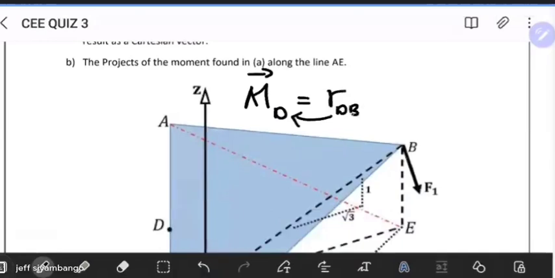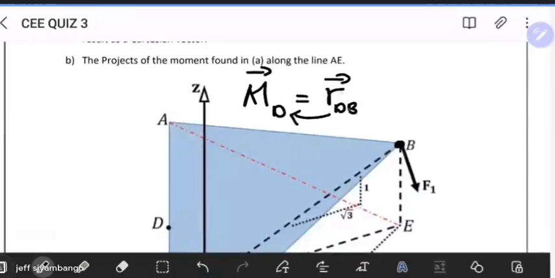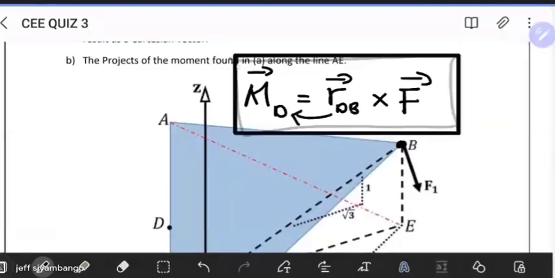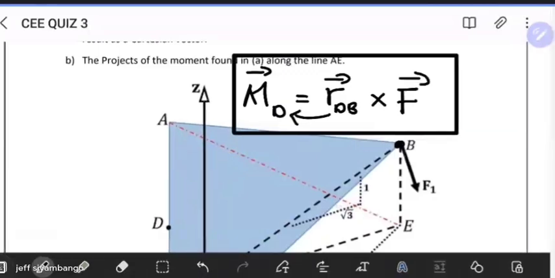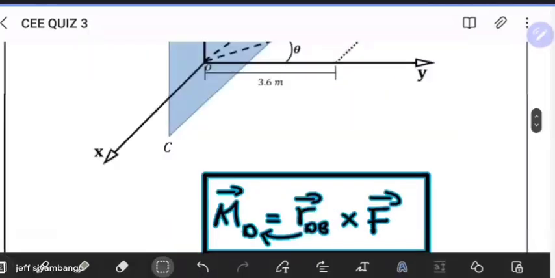In this case, it is going to be B there. So the displacement from D to B, then cross the vector force F. This is the formula we're going to use to determine the moment of the force F about the point D.